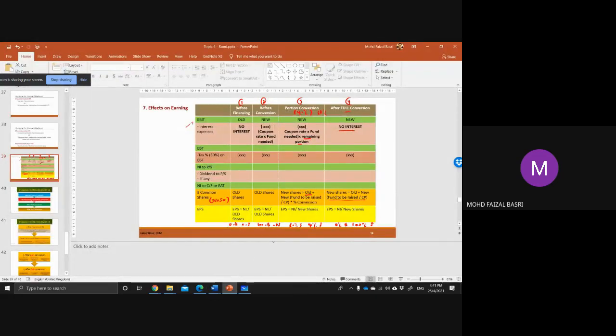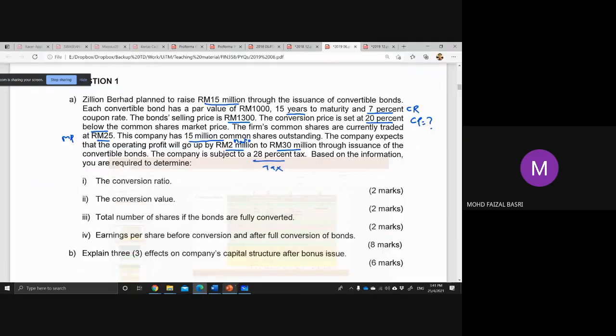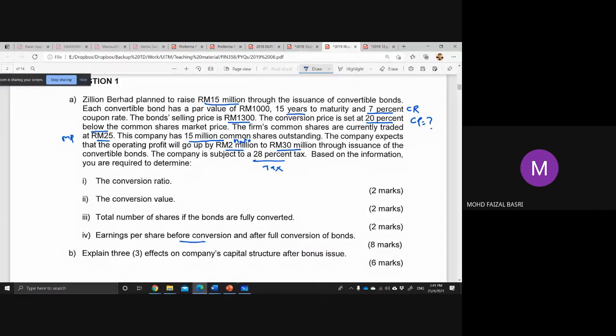That will be the number of shares if fully converted. And finally, find the EPS based on before conversion and again based on full conversion juga. Okay, I'll give you 15 minutes, lama sangat. 10 minutes lah. 10 minutes to try this question and lepas tu kita try discuss juga.